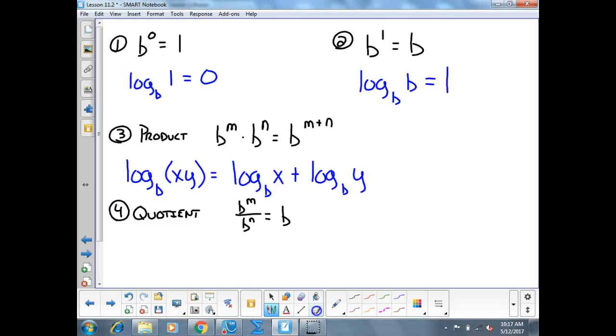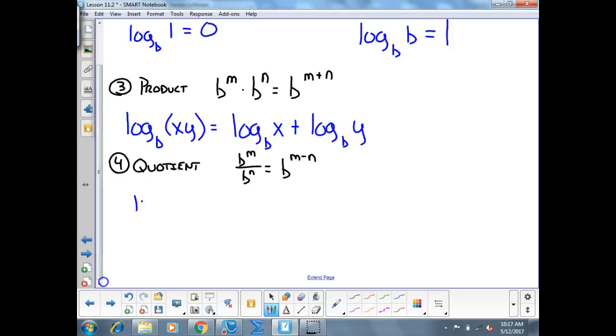We subtract the exponents. So that makes it log base b of x divided by y equal to log base b of x minus log base b of y.